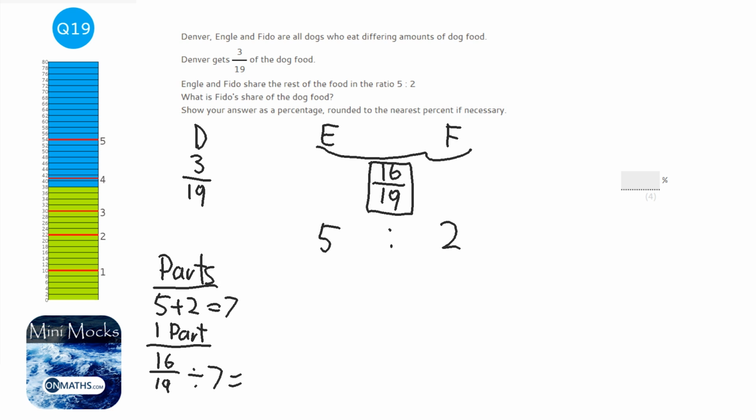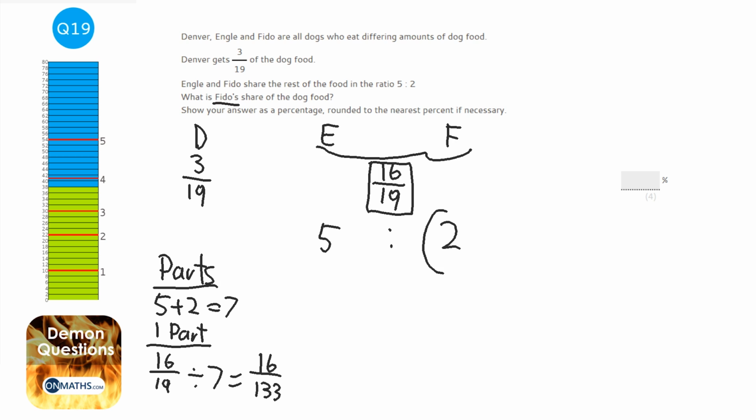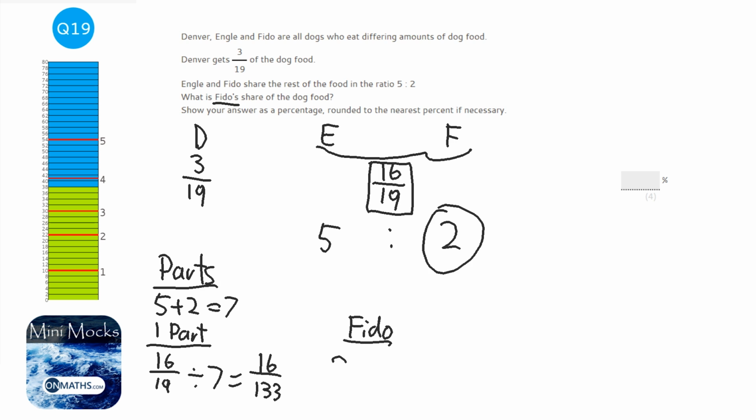So 16 over 19 on the calculator divided by 7 gives us 16 over 133. So that's the fraction of each part. Now it says, show what is Fido's share. So we're looking for Fido's share. Now Fido gets 2 lots of that fraction.